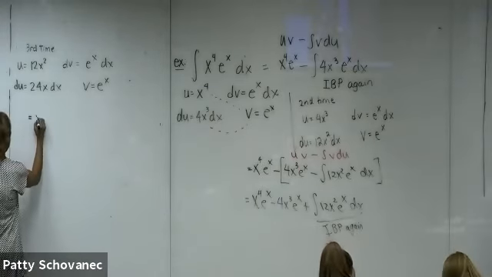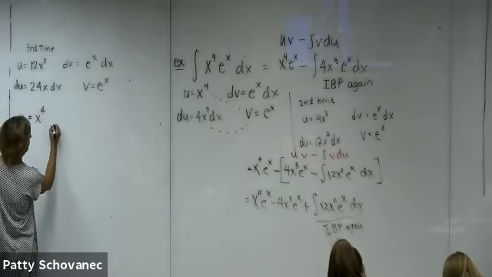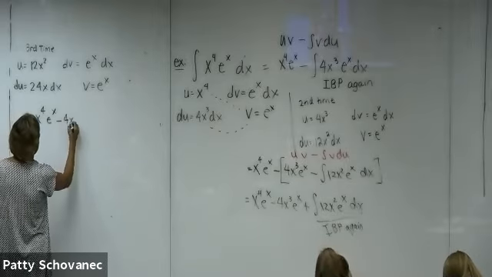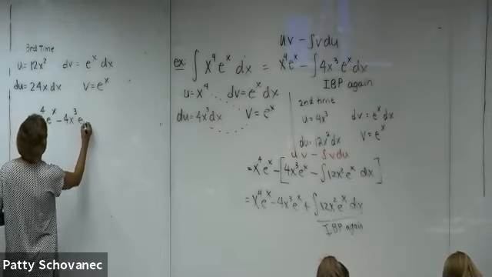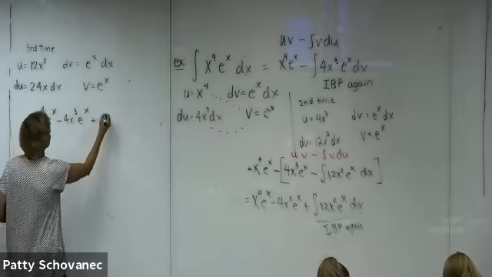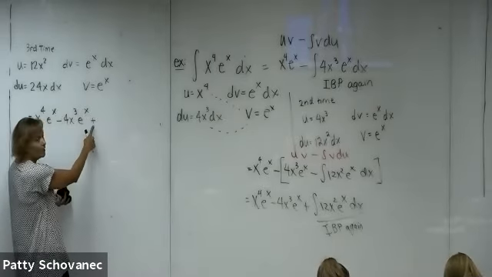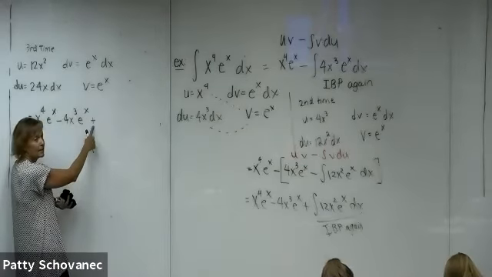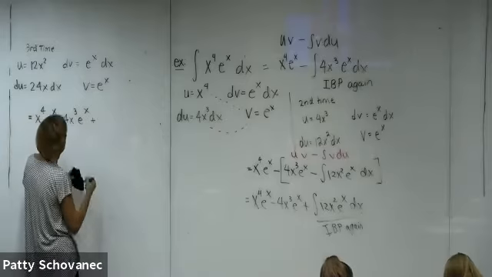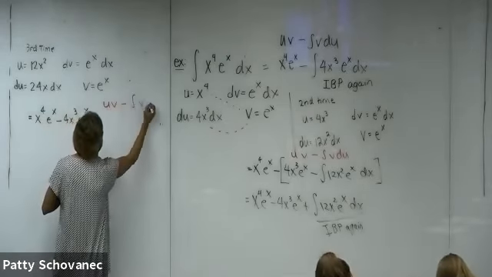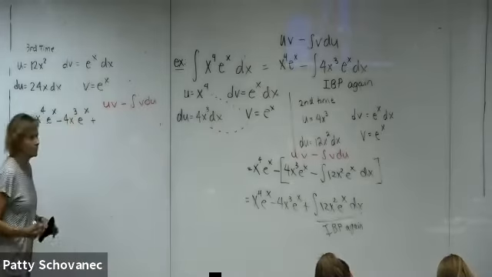So we have x to the fourth, e to the x, minus 4x cubed, e to the x, plus. I don't need brackets because of the plus sign. I used brackets last time because I had a minus sign here. So let's go ahead and put our uv minus integral of v du.